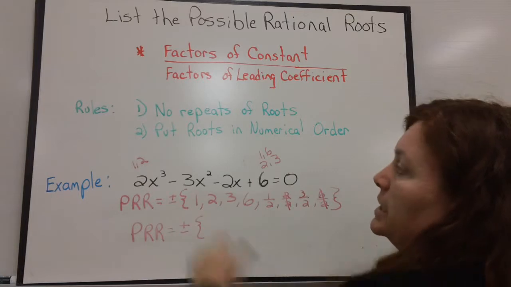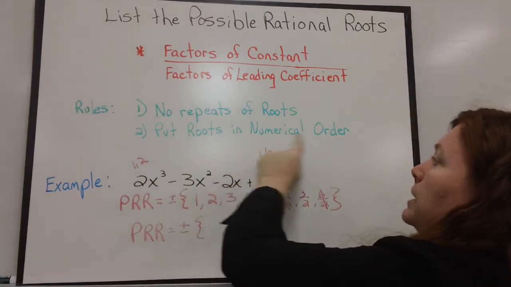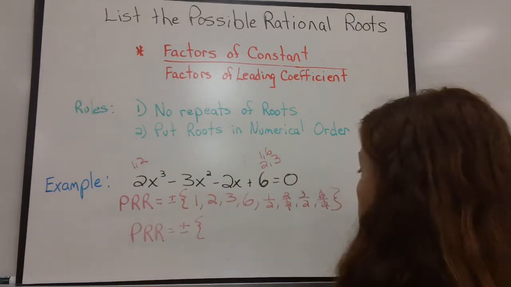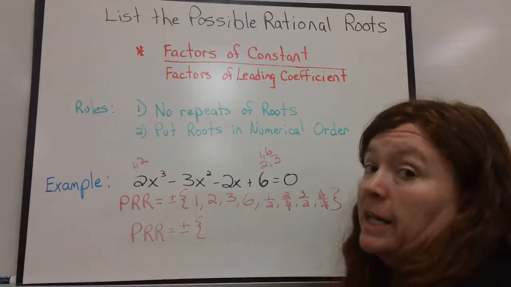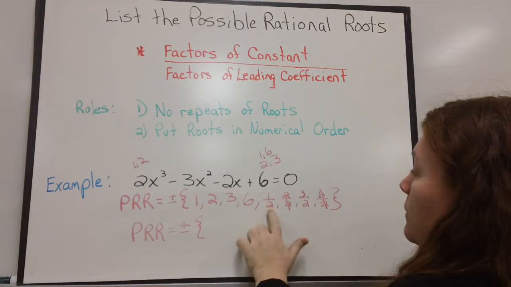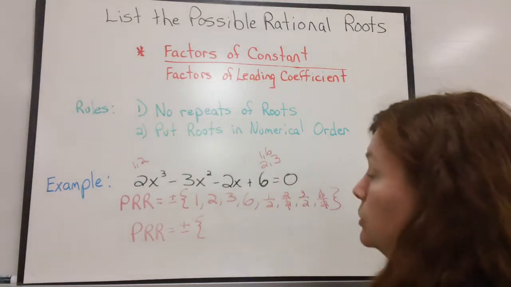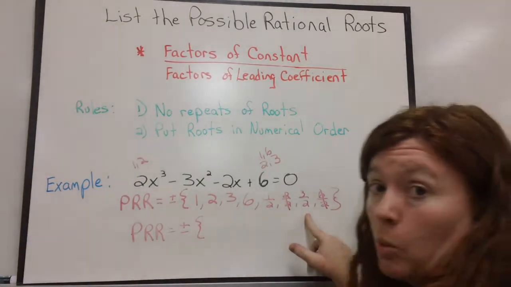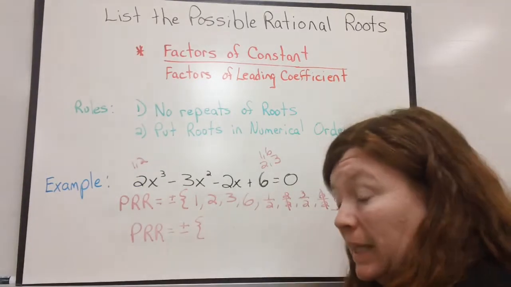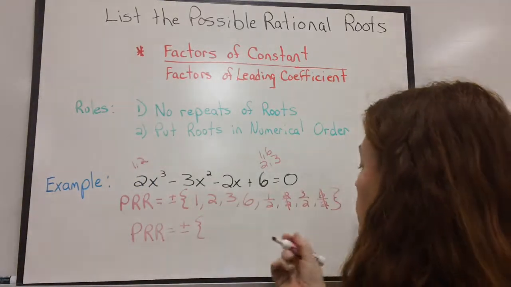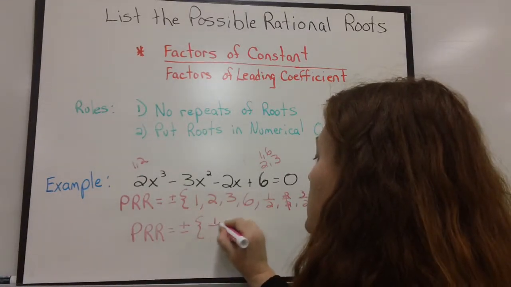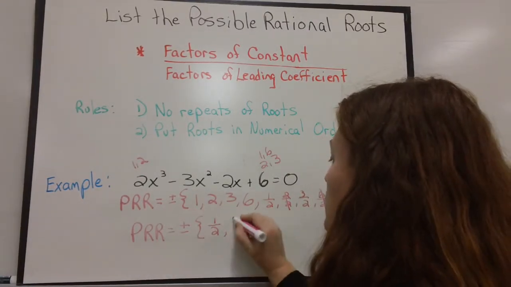Rule number 2 says I have to put the roots in numerical order. Well, 1, 2, 3, and 6 are in the right order. But I still have this 1/2 and this 3 over 2. I am not changing this to 1.5. I'm going to leave it. But changing it in my head to 1.5 helps me put it in order. 1/2 is the smallest. Then comes 1.